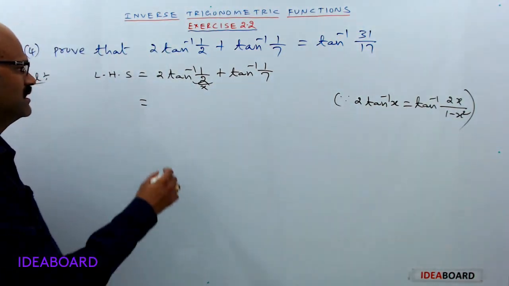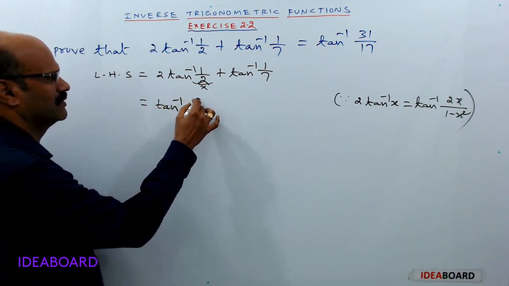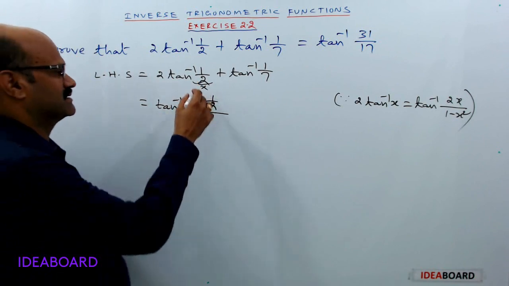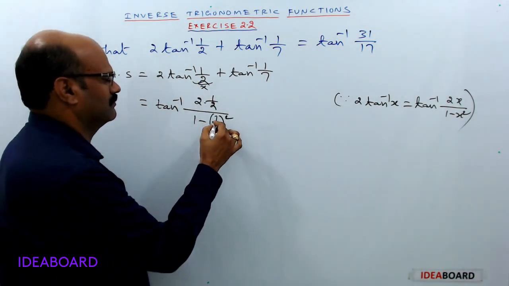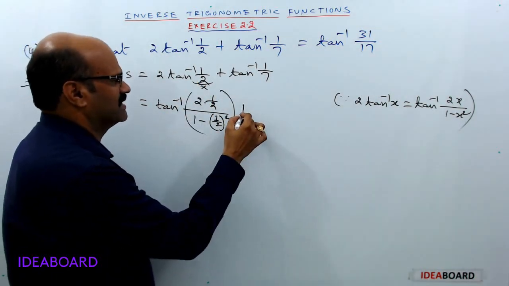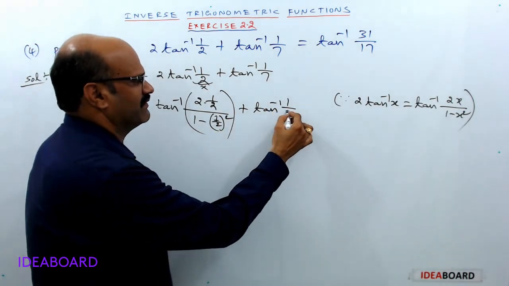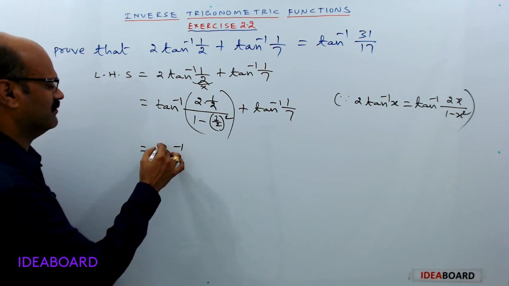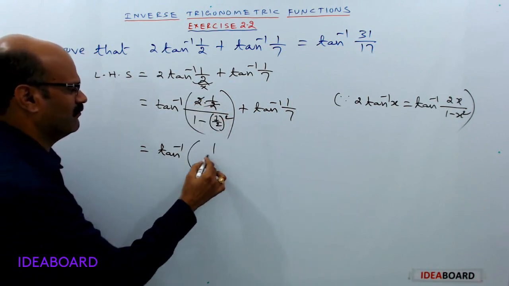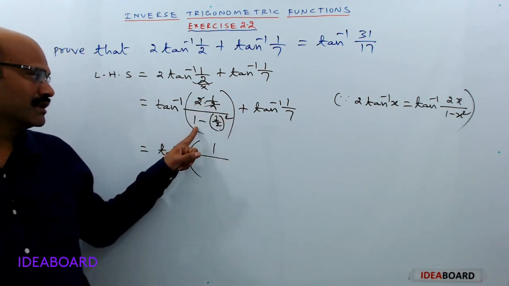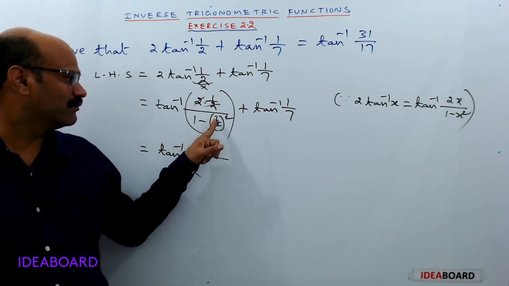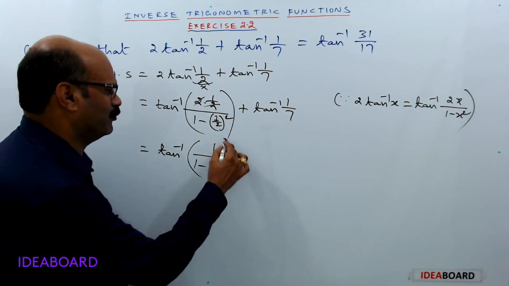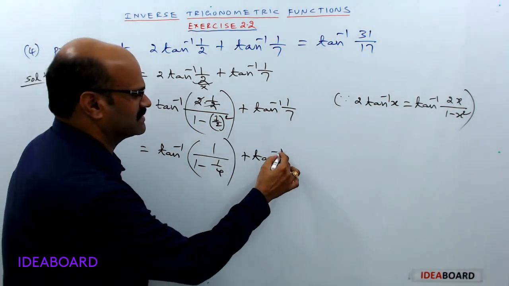So it implies tan inverse of 2 into 1 by 2 upon 1 minus 1 by 2 whole square plus tan inverse of 1 by 7 equal to tan inverse of 1 upon 1 minus 1 by 4 plus tan inverse 1 by 7.